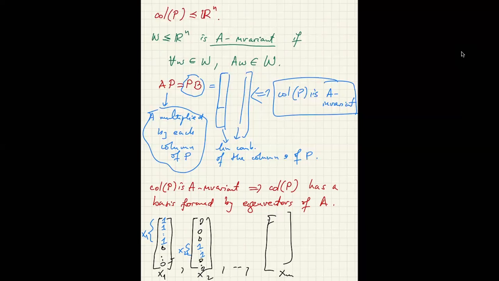And the last one, xm, has 1 on xm and 0 everywhere else. So if you take linear combinations of these vectors, on the positions that correspond to vertices in x1 you will see the same value, and on the positions indexed by the vertices in x2 you'll see the same value, and so on.